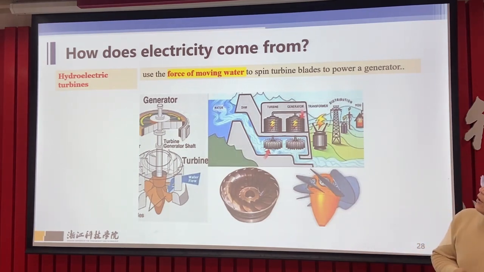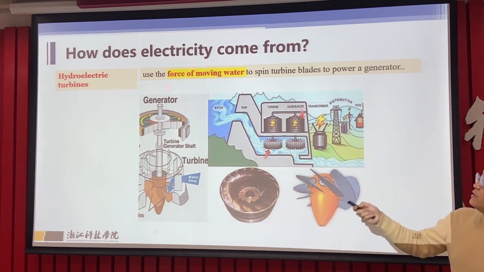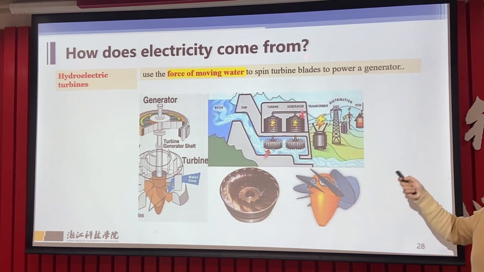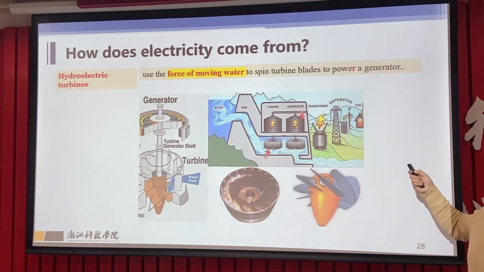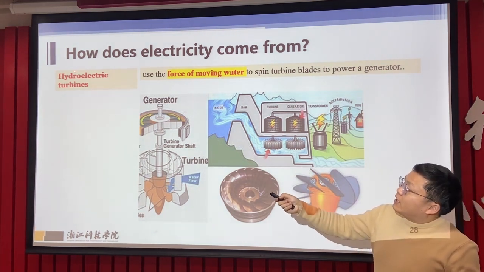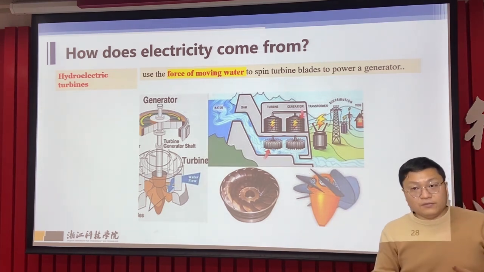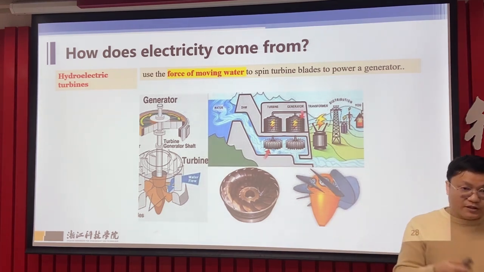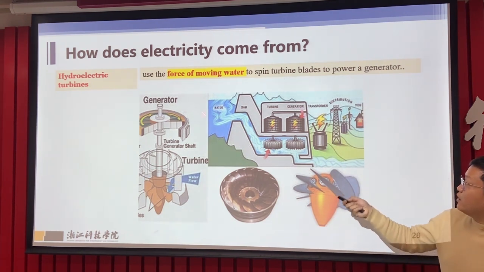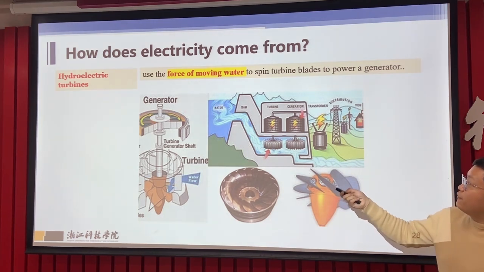And also we have hydroelectric turbines. Hydroelectric turbines use the force of moving water to spin turbine blades to power a generator. In hydroelectric turbines, we don't use steam to drive the turbine, but we use the energy content of moving water.